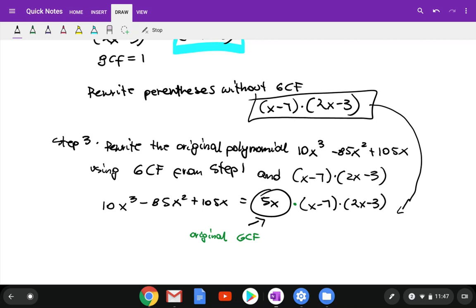And that's our final answer. We have all the factors. That's the final answer.